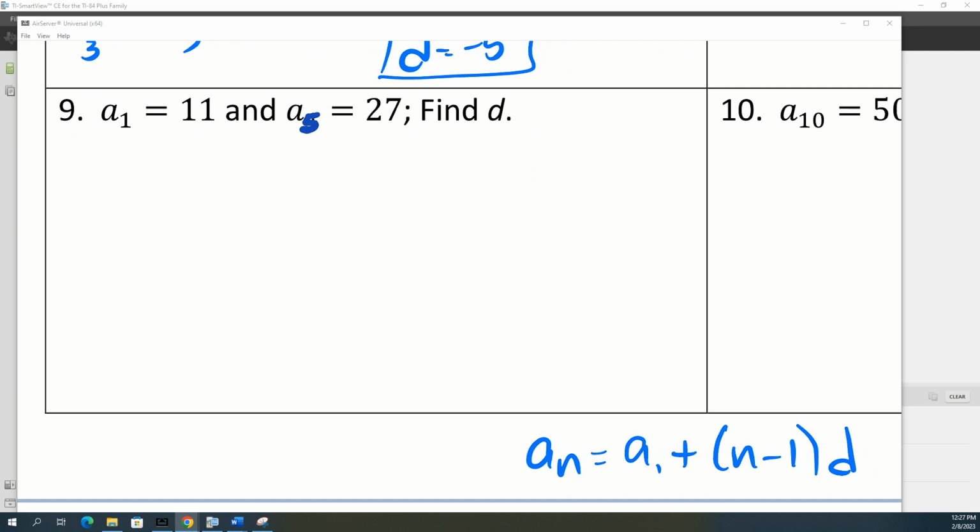All right, so on this one, A sub n is going to be this 27. N is going to be 5. Right. And then we're going to just start plugging them into that formula.